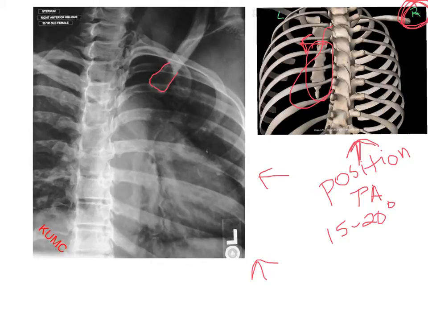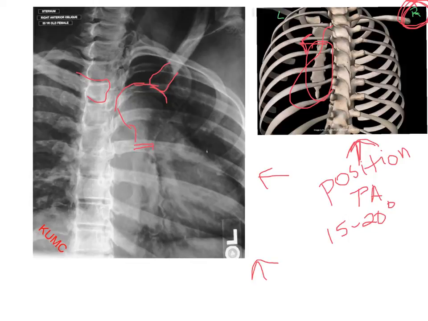There is the left clavicle. Here is the right clavicle. And if you look slightly below, you're going to see the manubrium, right? Also, if you follow that down this way, you'll see a slight translucent area here, and this is going to be your sternal angle.